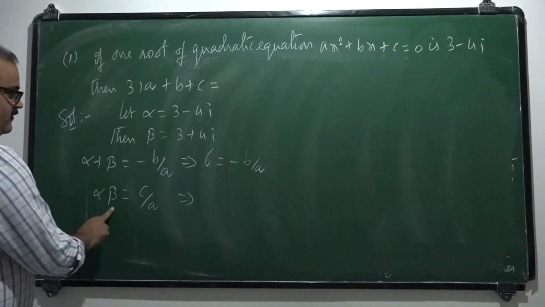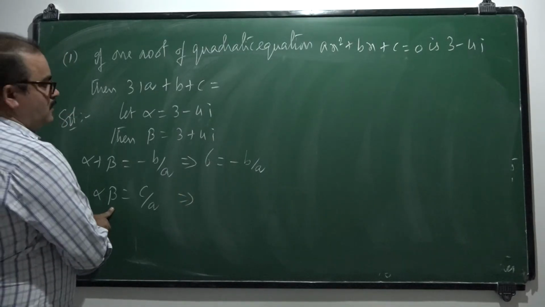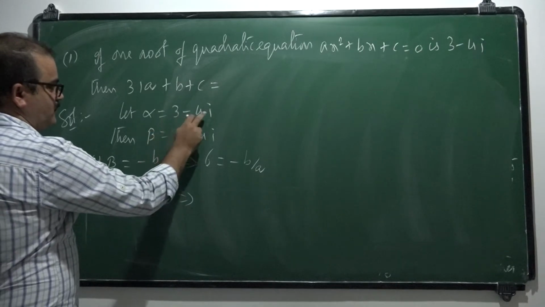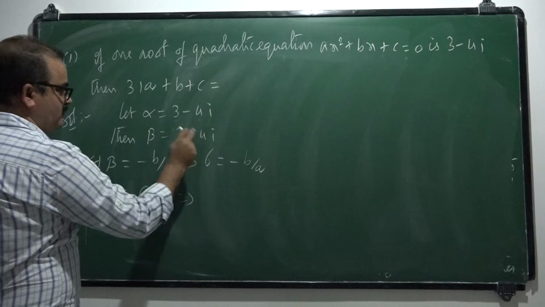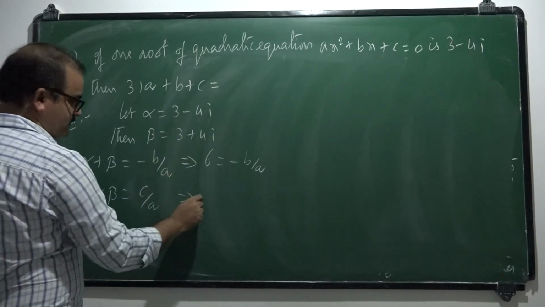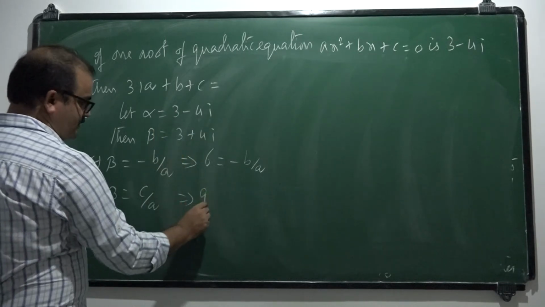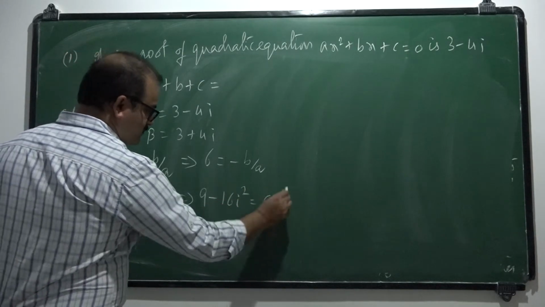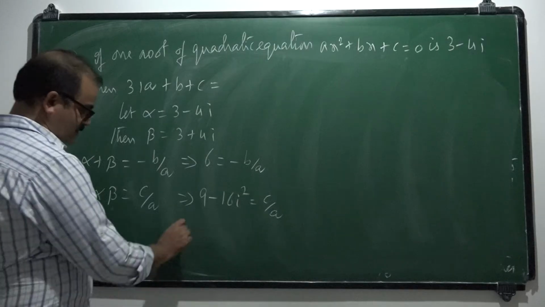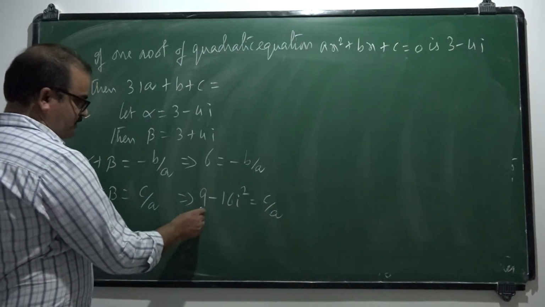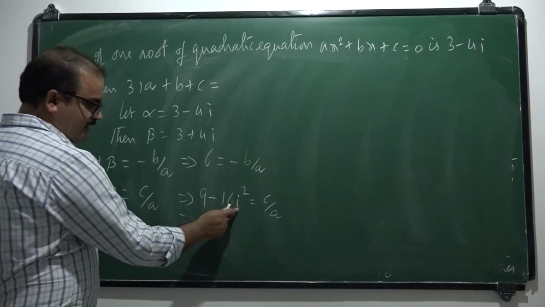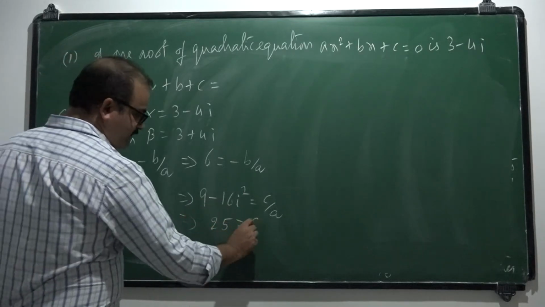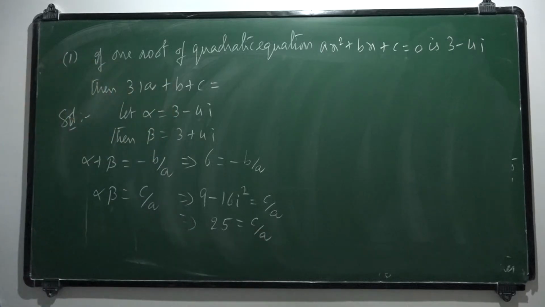Next, alpha into beta. Multiply these two. It is in the form of a minus b into a plus b, a square minus b square. A square is 9 minus b square 16i square is equal to c by a.